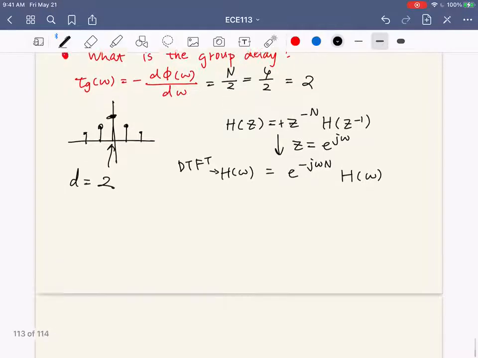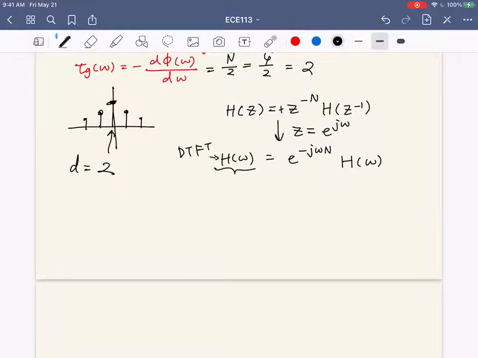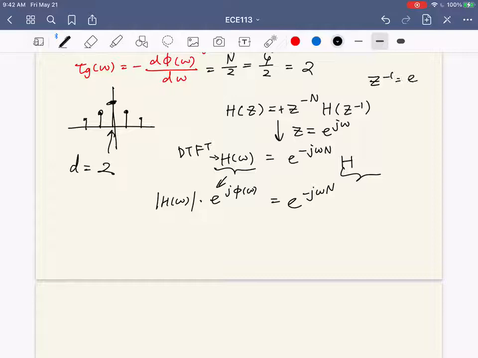So the z-transform becomes the DTFT. Cool. And then we can write it as a multiplication of magnitude response and phase response. So it can be written as the magnitude response times phase response here. And on the right, oh sorry, there's a minus 1 here. No, it's not minus 1, because z to the minus 1 is basically e to the minus j omega, right?